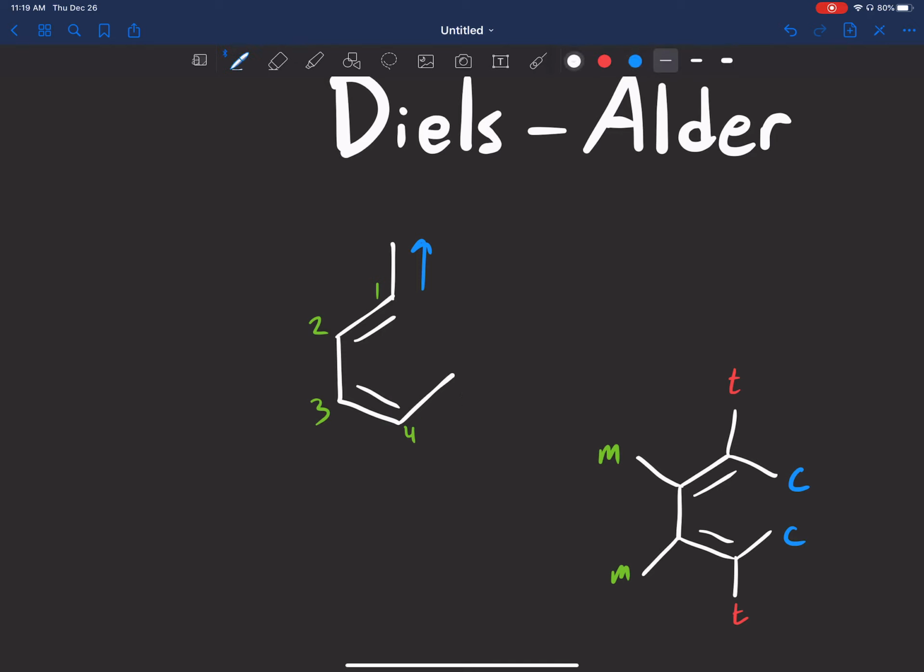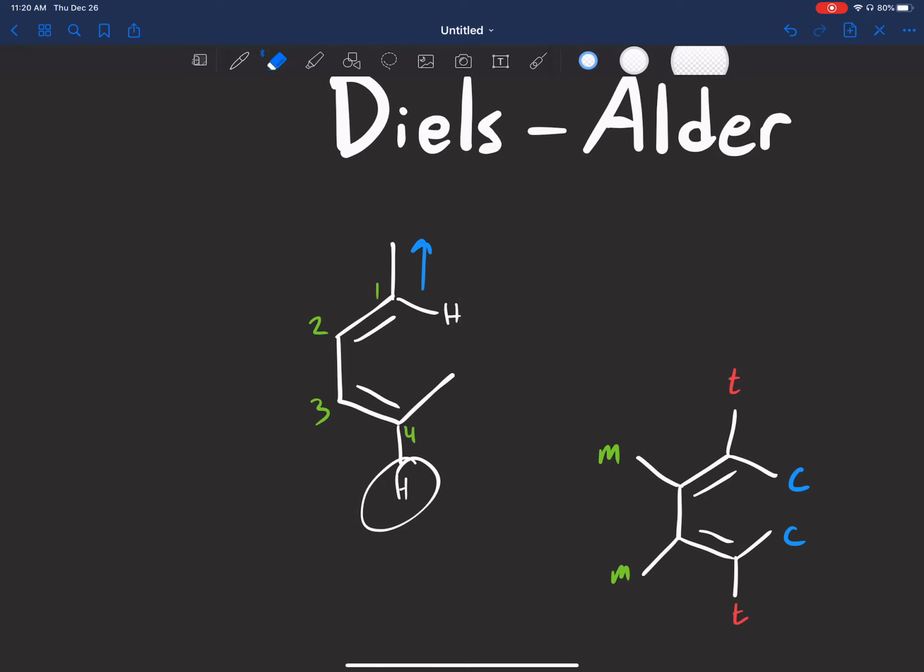Now, one thing I want you guys to keep in mind. Remember that the carbons at the end of that diene, right here and right here, have hydrogens on them. So in this case, this hydrogen is pointed in that cis version, inward.